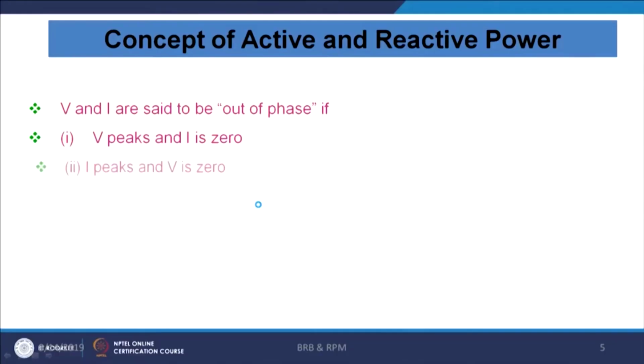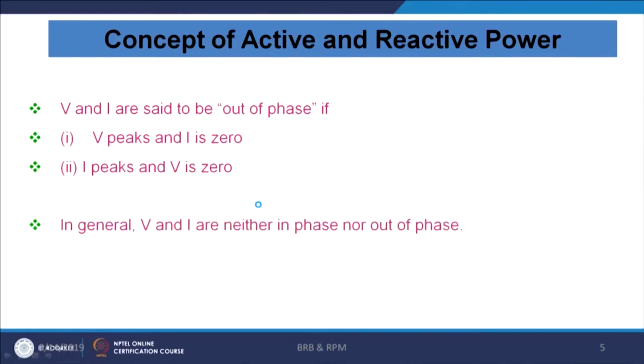When you are charging the battery, voltage and current are in the same phase, but when you discharge the battery through the active filter, you can have a 180 degree phase shift. In general, V and I are neither in the same phase nor out of phase.